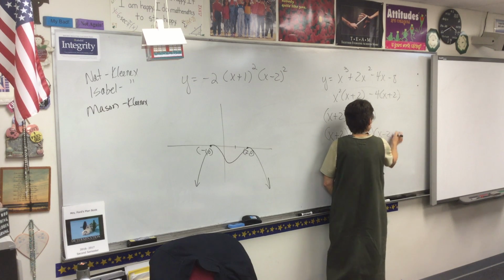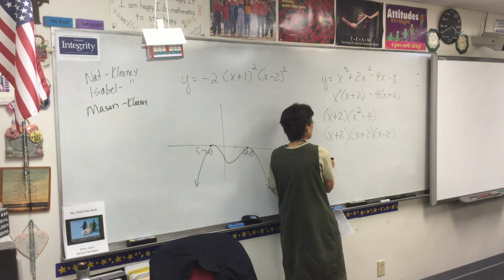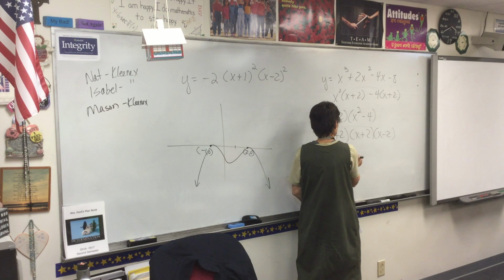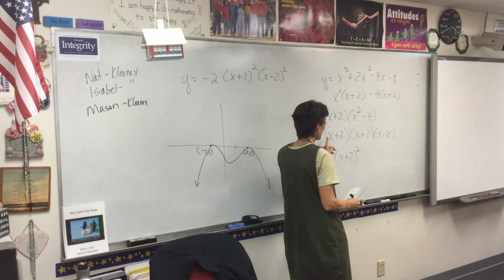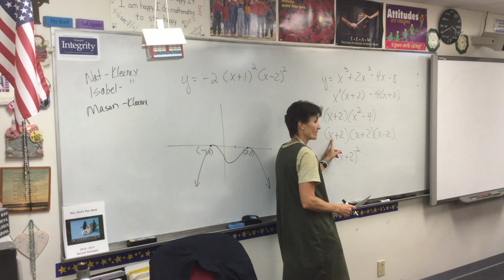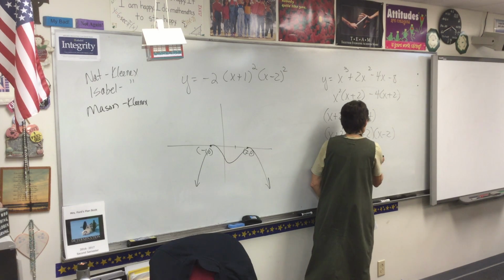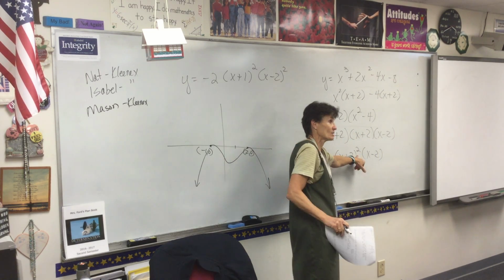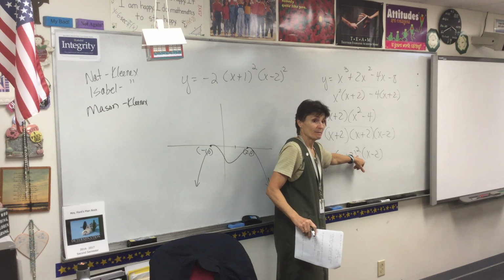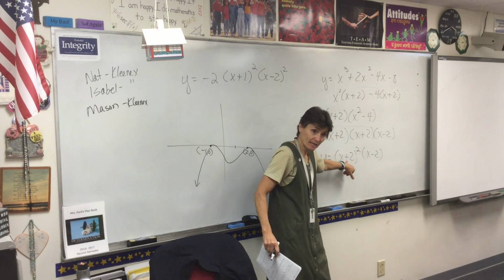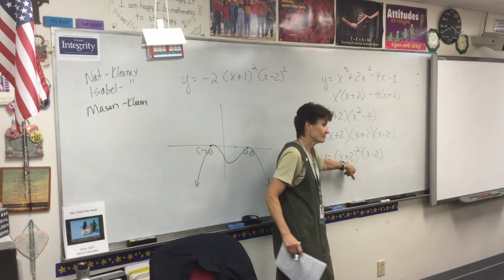This time, I have 2 x plus 2's. Now, it's okay to write it this way, but it might help you in terms of graphing to write it this way. Because now you know you're going to have a bounce.